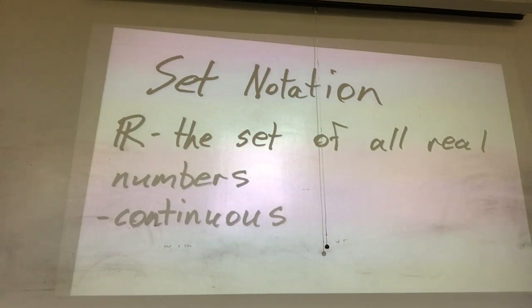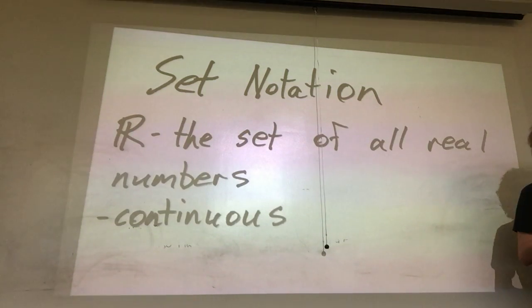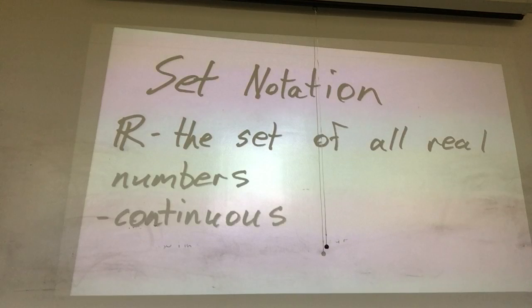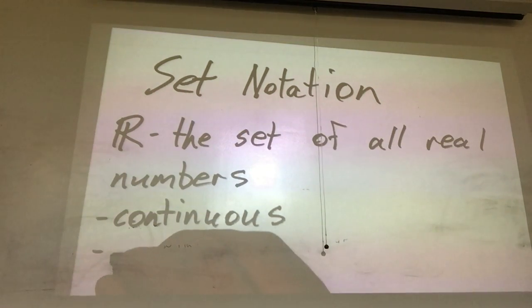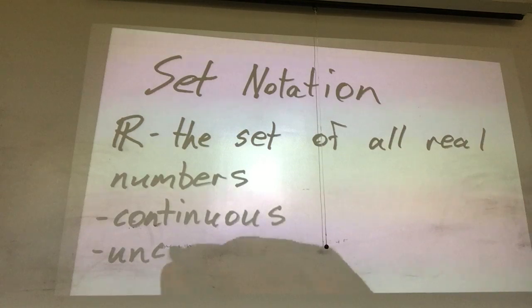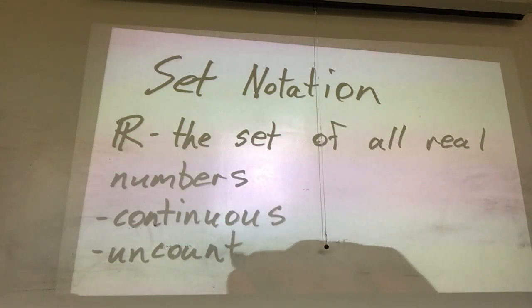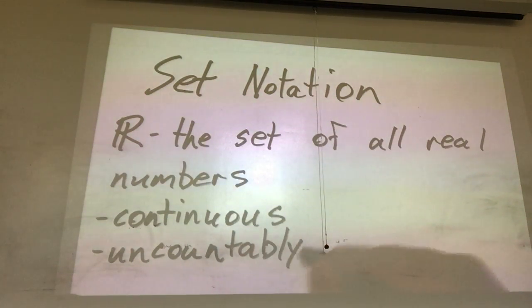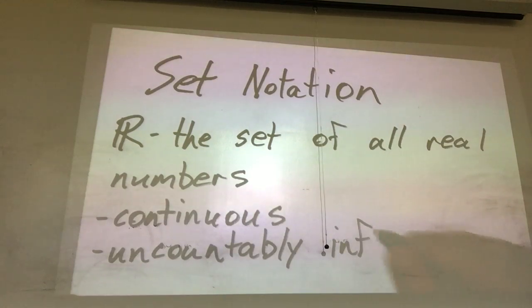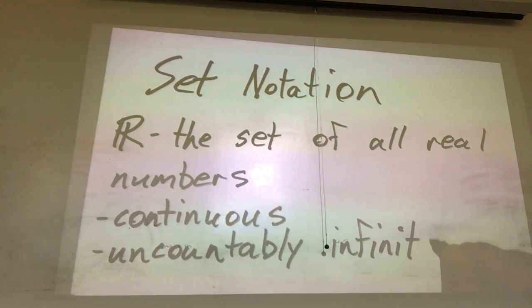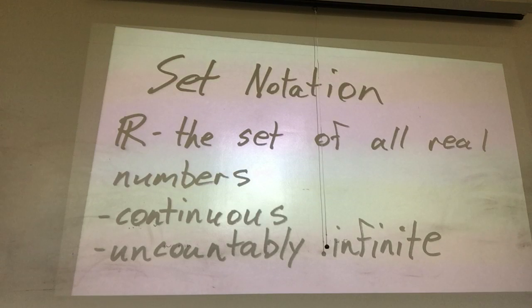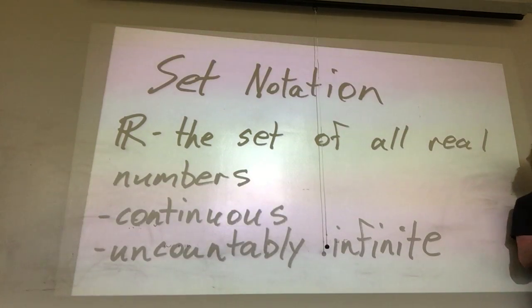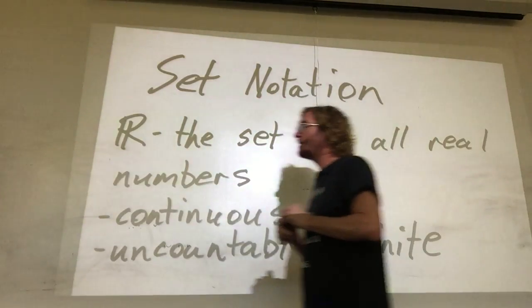So that is what is actually meant by continuous. And not only is the set of real numbers continuous, there's another quality about it. This is also uncountably infinite. Now, there are some different definitions of uncountably infinite that will show up.